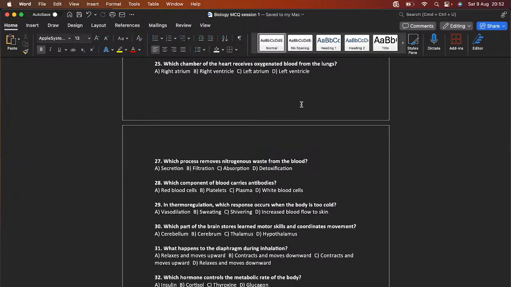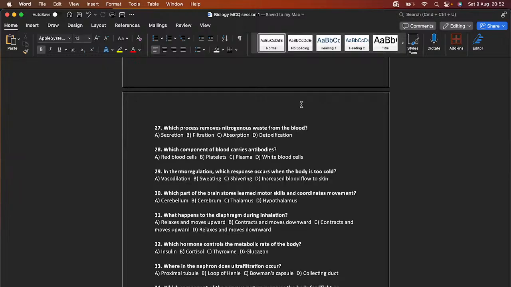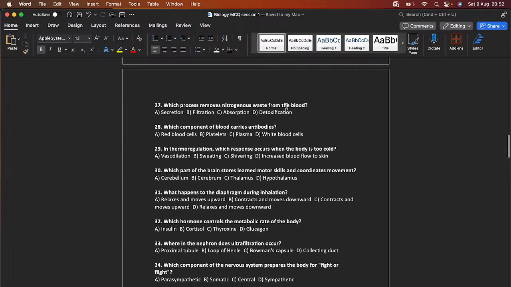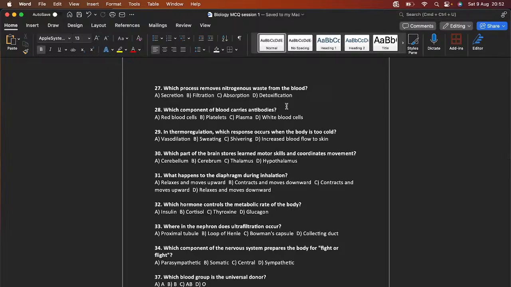Right. Okay, sorry about that. So let's move on. Which process removes nitrogenous waste from the blood? We have secretion, filtration, absorption, and detoxification.